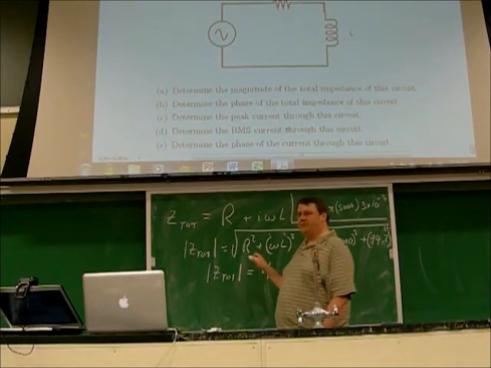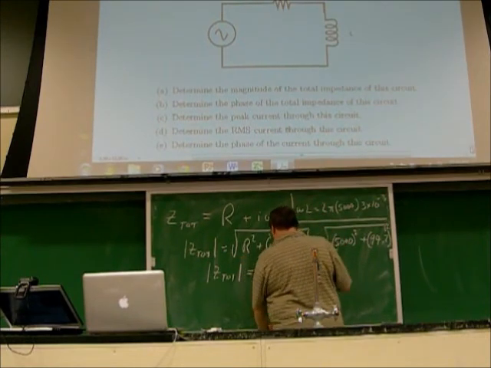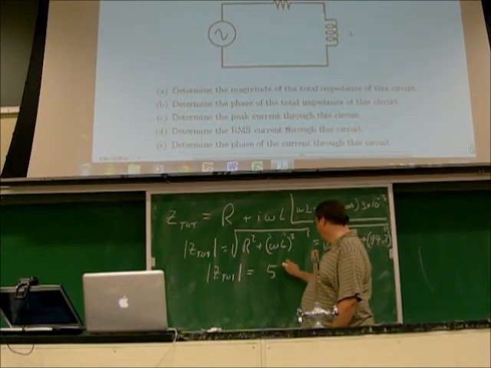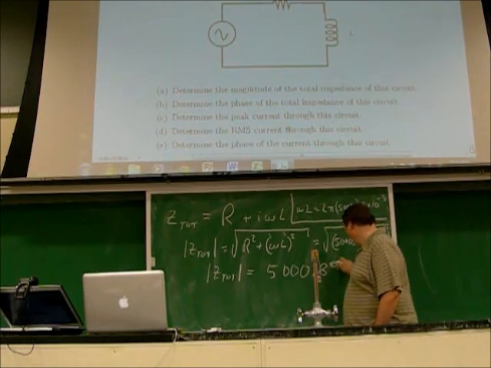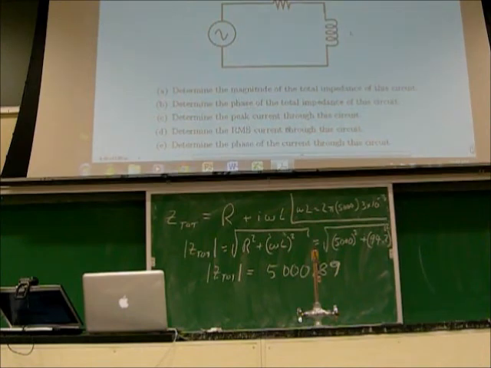It's not going to be much higher than 5,000. How much? 5,000.89. 5,000.9.